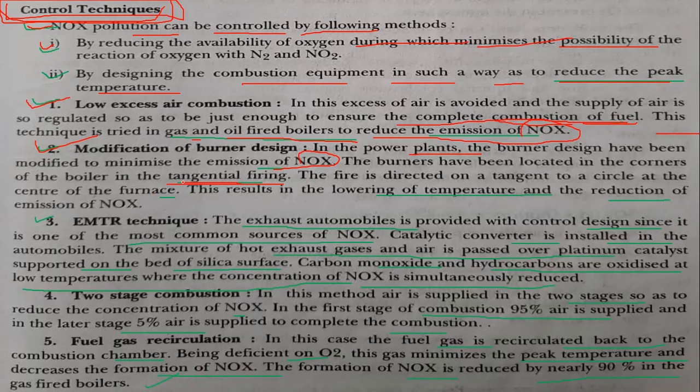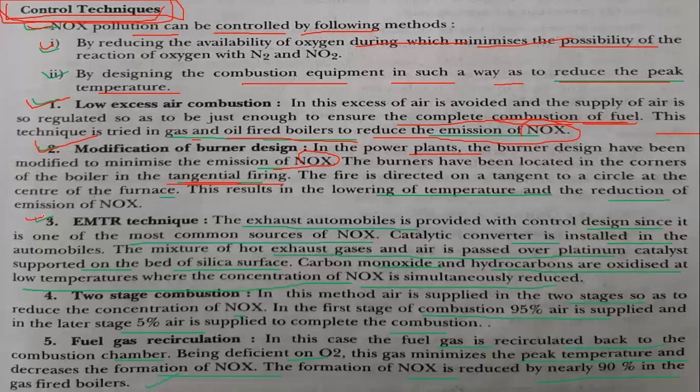Just remember, we have to modify the burner design in such a way that there is less and less formation of nitrogen oxides, by lowering the temperature and reducing the emission of nitrogen oxide.